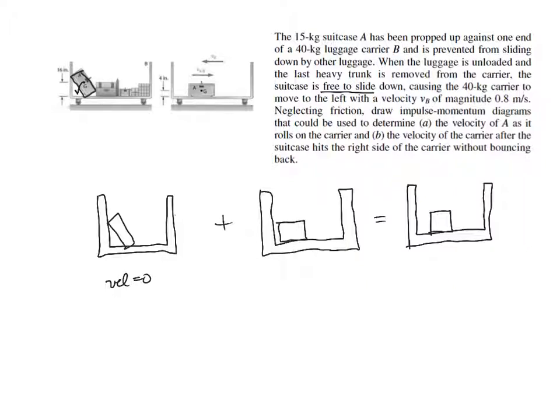The suitcase is going to slam down, and so we've got mg times delta t. A little more interesting, we'd end up with the integral of the normal force from t1 to t2. Over here again we'd have the integral of the normal force, a different one, from t1 to t2.